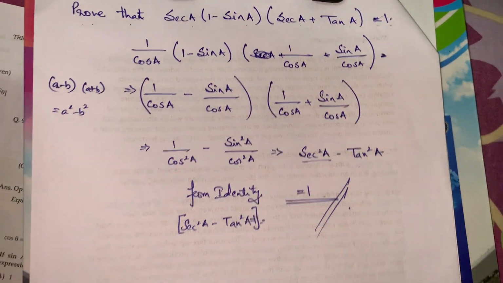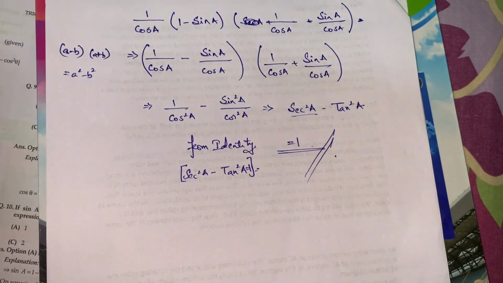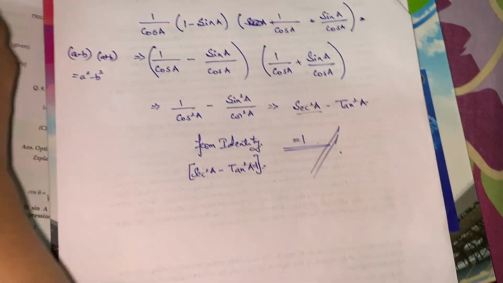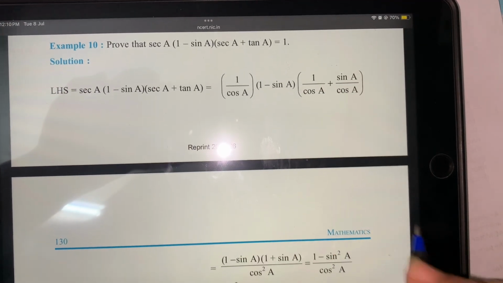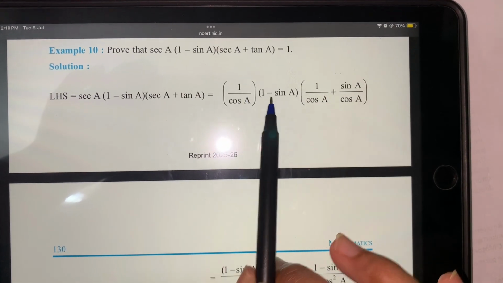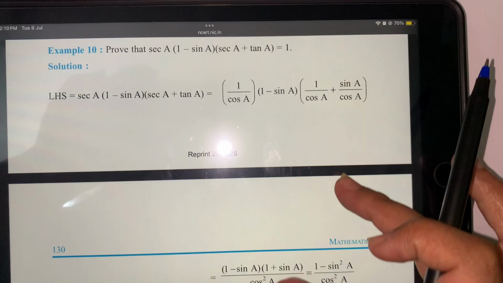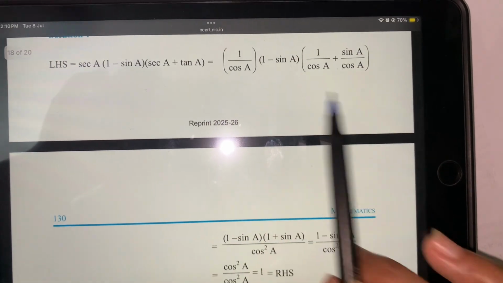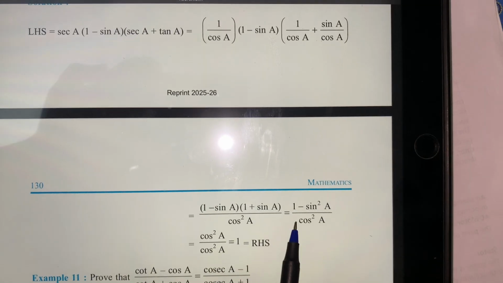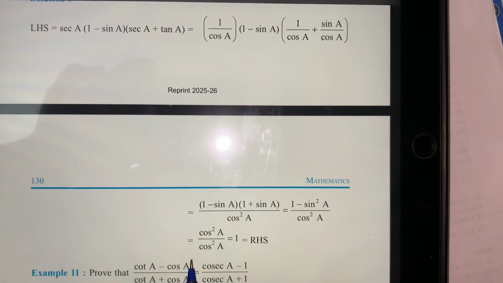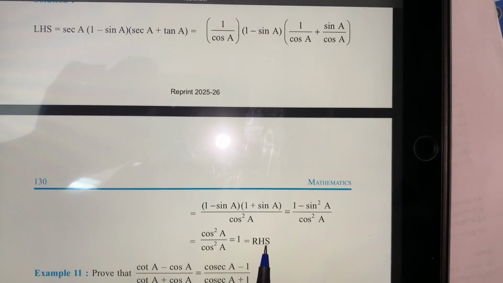Now, if you see the solution that is given in the textbook, sorry, I'm using the flash in here. So what is it doing? It's converting this and this, and then it is multiplying 1, 2, 3 things, multiplying and simplifying it, and then trying to cross it out and then get equal to RHS.